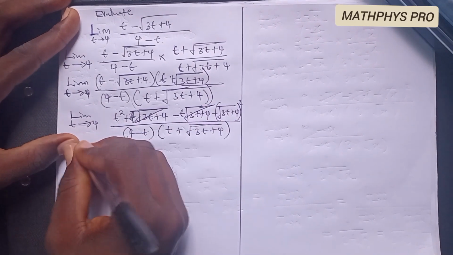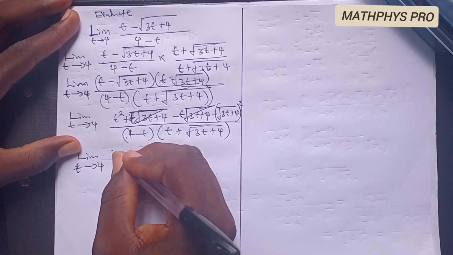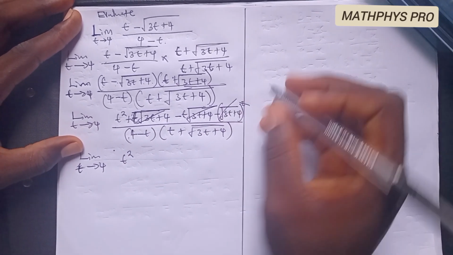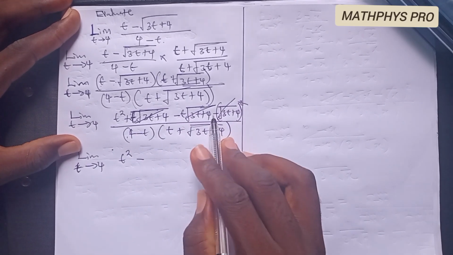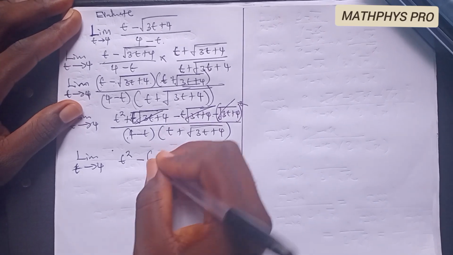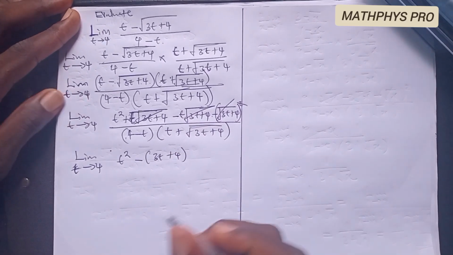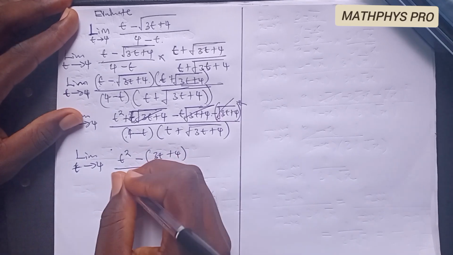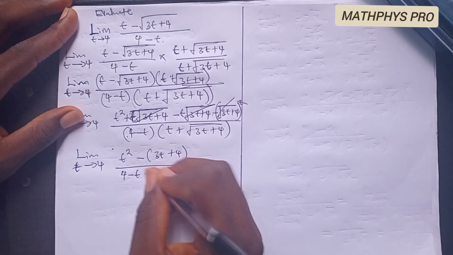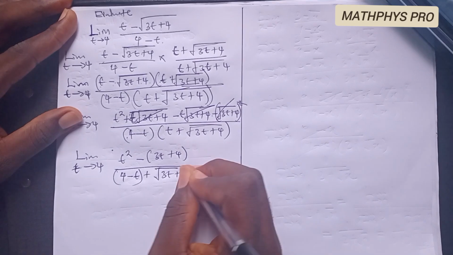So we have the limit when t approaches 4, t square, and the square can cancel out the root. So we have minus, take minus everything inside the bracket: minus 3t plus 4 over 4 minus t times t plus root 3t plus 4.